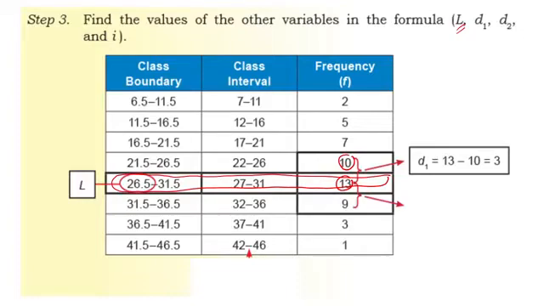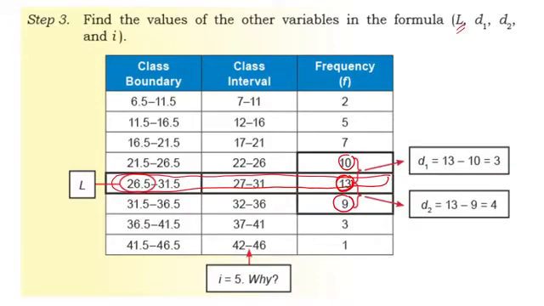D sub 2 is simply the frequency of the modal class minus the frequency of the class after it. So you have 13 minus 9, that will give us 4. And our class interval is 5, because 52 minus 47 will give you 5.